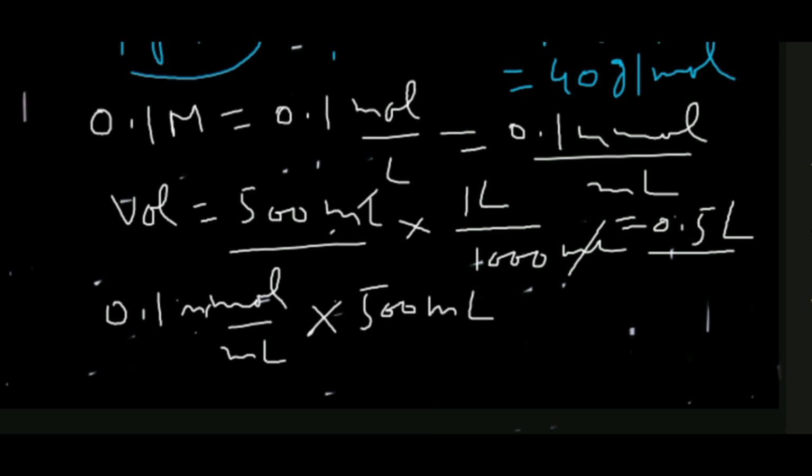Here we need ml because the concentration also has ml; if the denominator is in liters, we should write the volume in liters also. Now ml and ml will be cancelled, and from this we get 0.1 into 500 millimole.